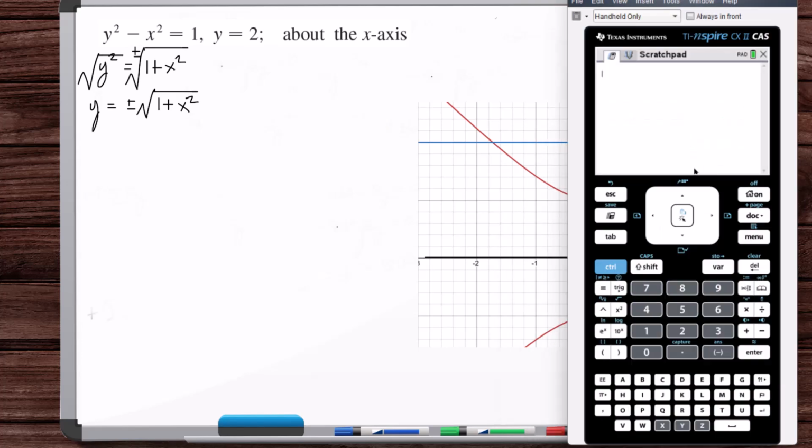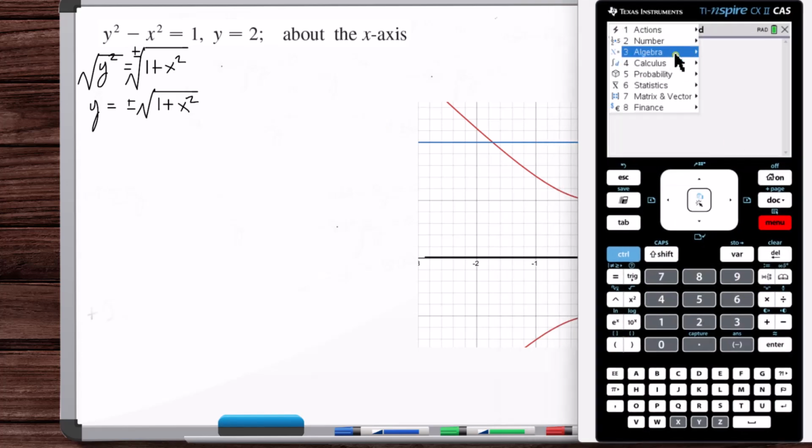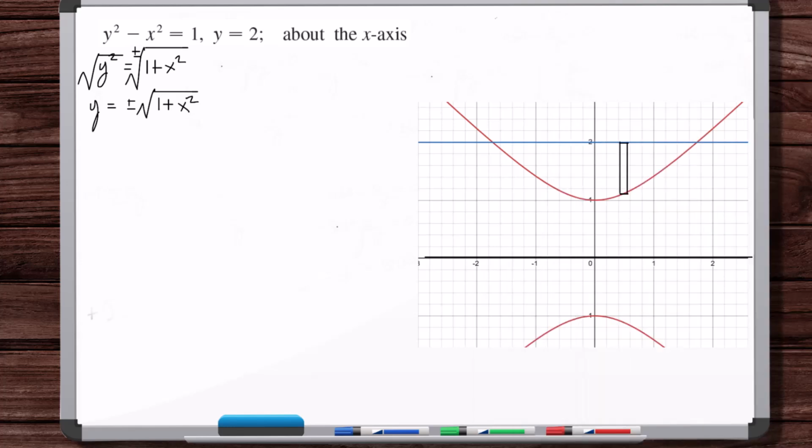Okay. So when does the square root of 1 plus x squared equal 2? At plus or minus root 3.